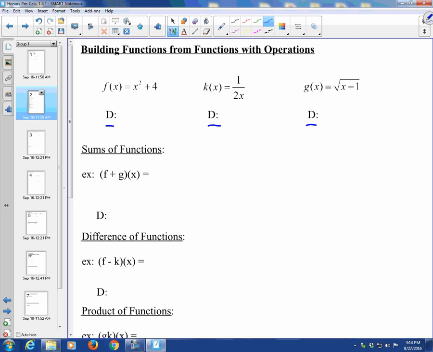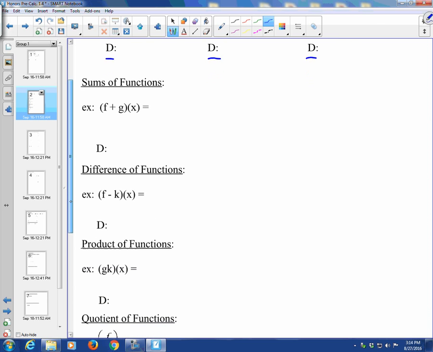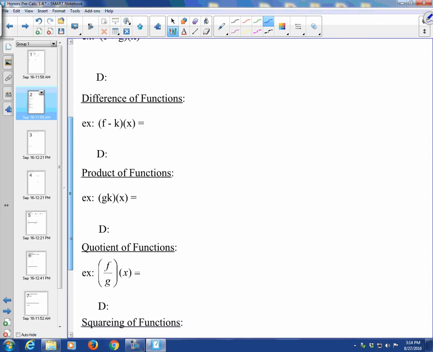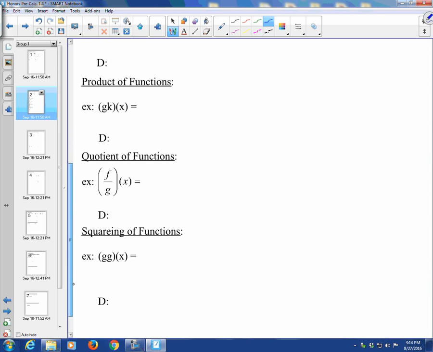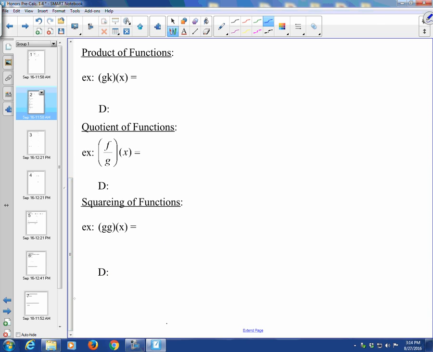So here we've got the sum of functions, where we're adding functions; the difference of functions, subtracting functions; the product of functions, multiplying functions; the quotient of functions, that's the division of functions; and the squaring of functions, which just means multiplying a function by itself. So here we've got g times g of x, and that's literally going to be g of x times g of x.